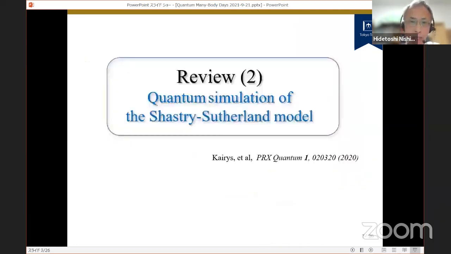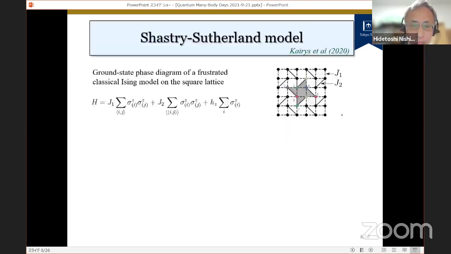Our next example is the Shastry-Sutherland model, studied by Kairys and co-workers recently. And this Shastry-Sutherland model is a two-dimensional frustrated Ising model in which there are two types of interactions, J1 and J2.